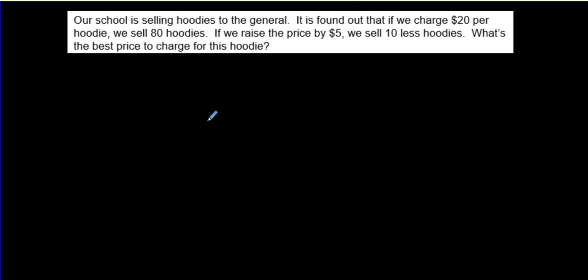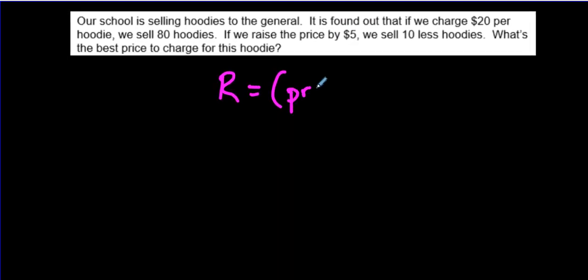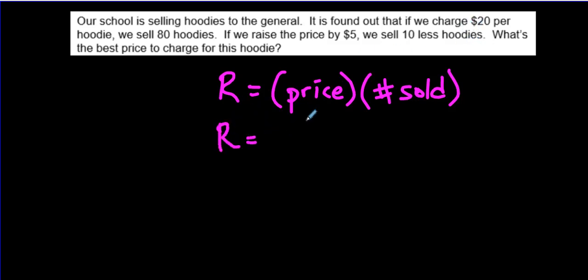Okay, so let's remember that revenue is equal to the price, how much we're going to charge for each hoodie, times how many we sell, the number sold. What they found out here was that if they charged $20 per hoodie, they would sell 80 hoodies. That's called market research.